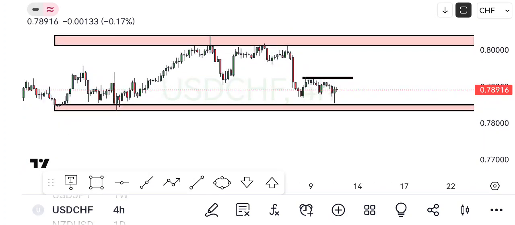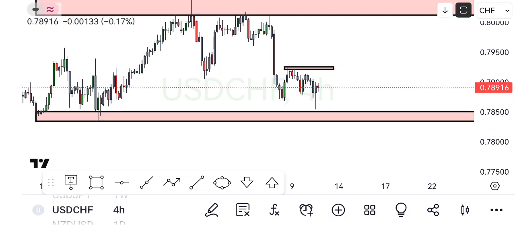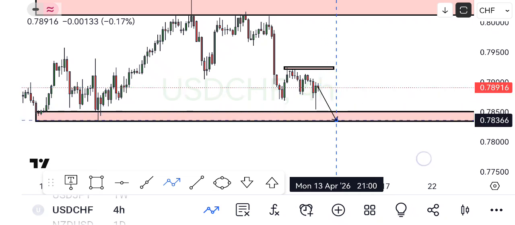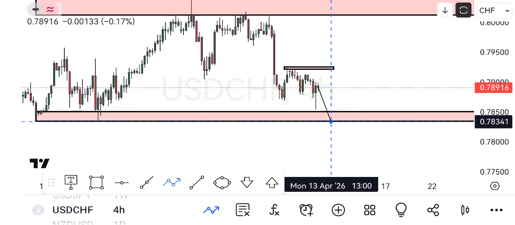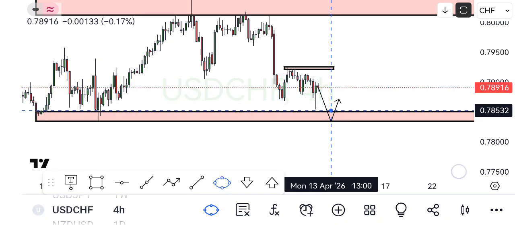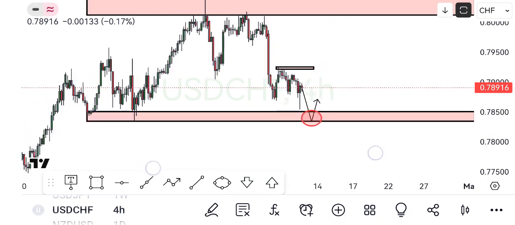How I am going to enter this trade is I need to see the price coming further down, a bit deeper inside this area, so that I can look for buying signals right here on the H4 time frame.